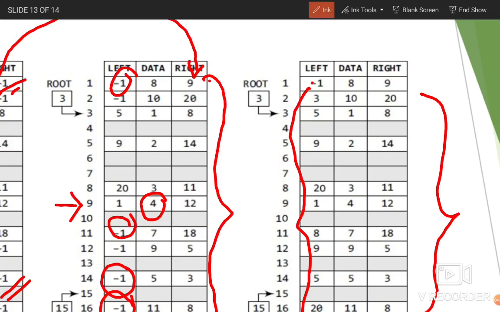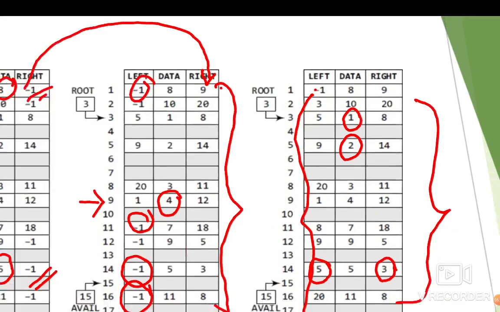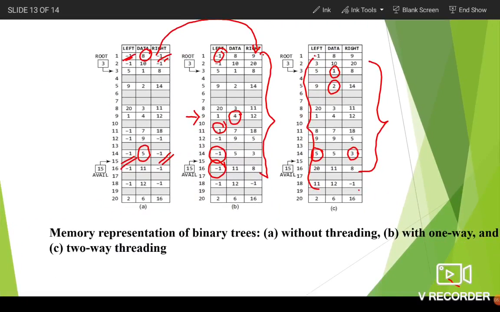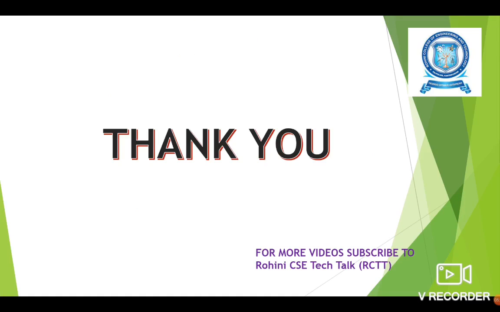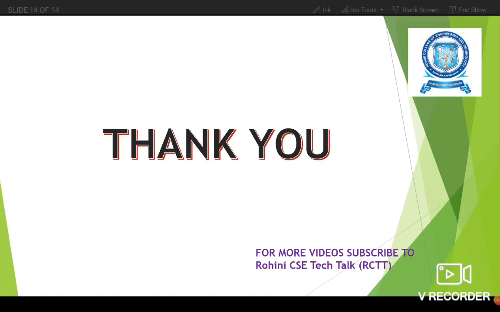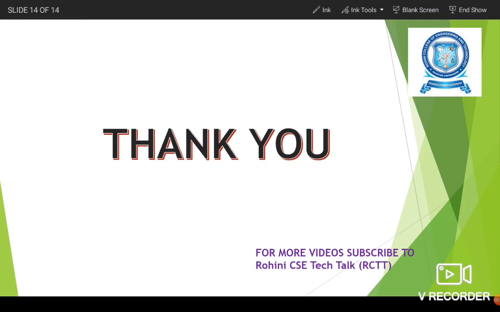Its left field contains the address 5, that is the address of 2, and the right field contains the address 3, that is the address of 1. So this is how the one-way threaded tree and two-way threaded tree is represented in memory. So with this, I have concluded the topic threaded binary tree. Thank you.